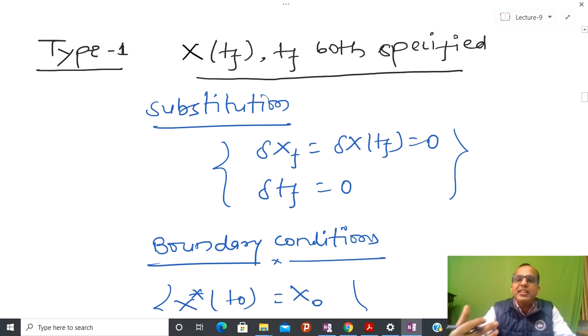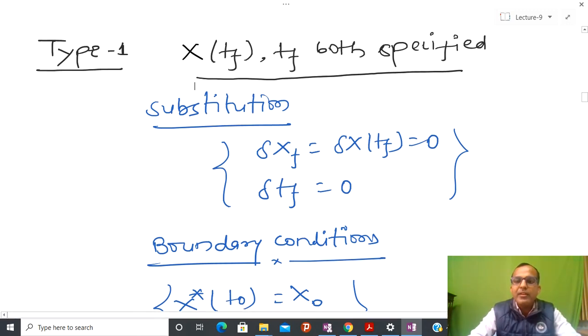Then we have to find the necessary condition such that some functional, and in this particular class of problems we are assuming that the functional contains n number of independent functions, has some kind of relative extremum or some kind of optimal value.